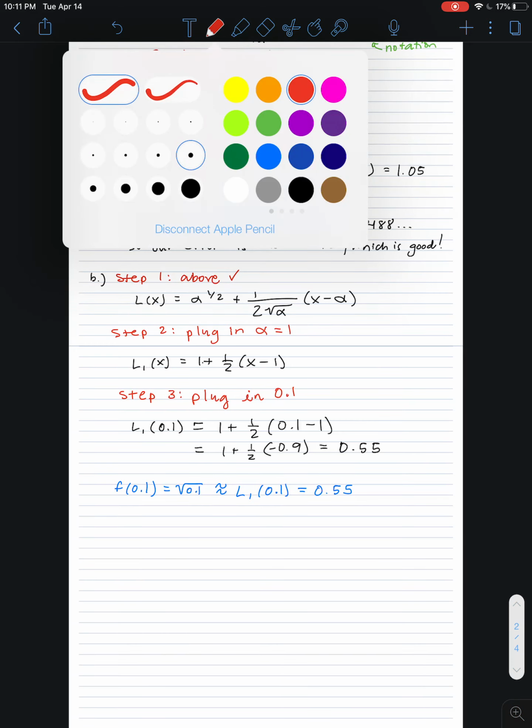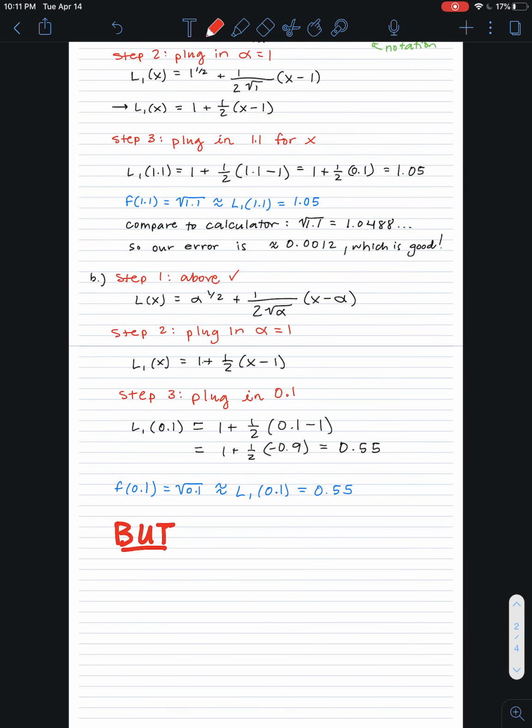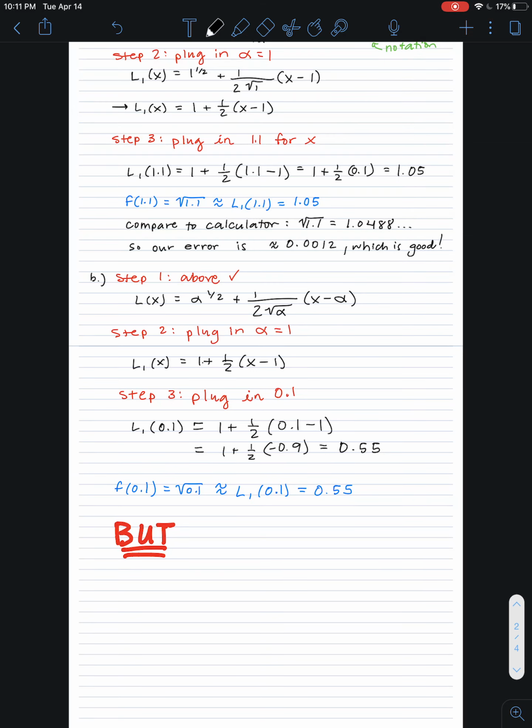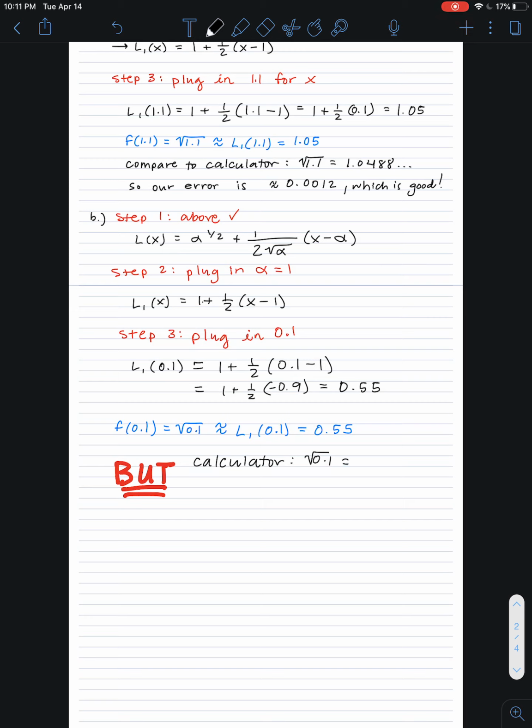But if we check our error, we'll see that this isn't a really good estimate. So we could use a calculator and see that the square root of 0.1 is actually equal to 0.3162, etc. So we're pretty far off there if you look.